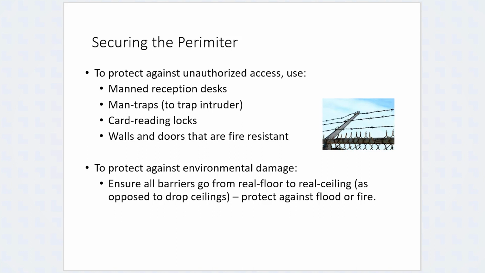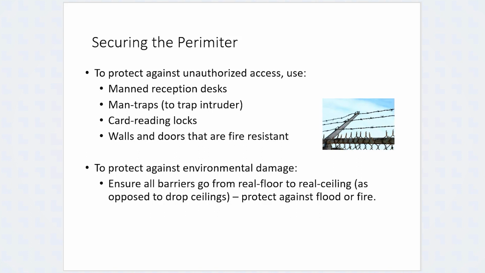You have card reading locks, you have walls and doors that may be fire resistant. You want to protect also against environmental damages. So this will involve ensuring that barriers go from the real floor to the real ceiling, as opposed to if there's a drop ceiling.